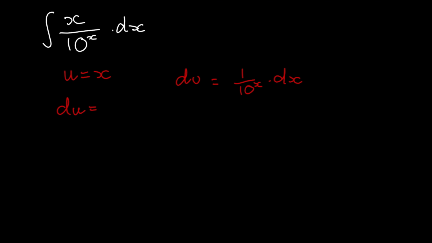So the derivative of u in terms of x is just 1. And then the integral of dv, this here. Now this is slightly complicated, but if we differentiate 10 to the power of x, we're going to be left with another term of 10 to the power of x times ln of 10. I'll explain all of this just now while writing it down.